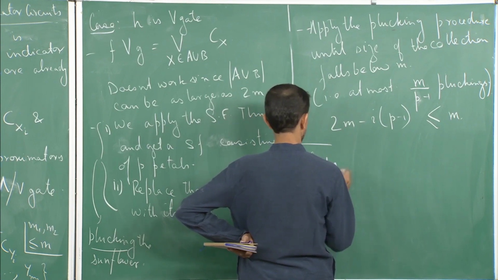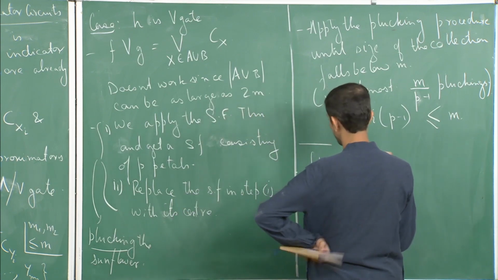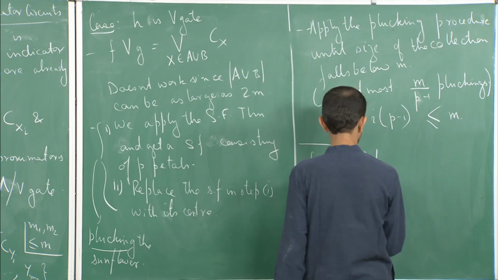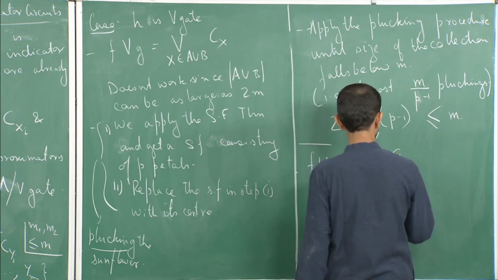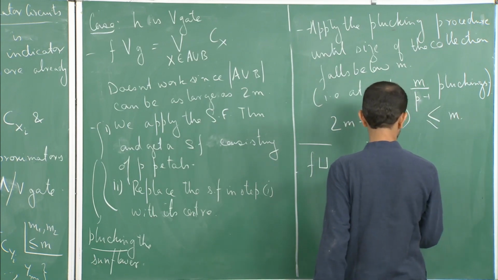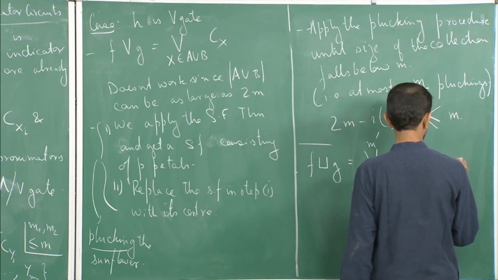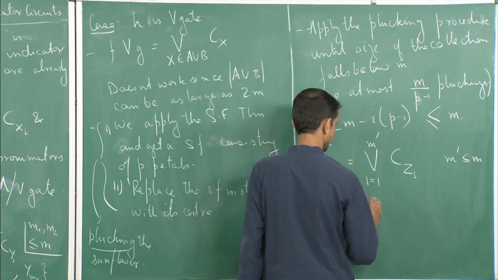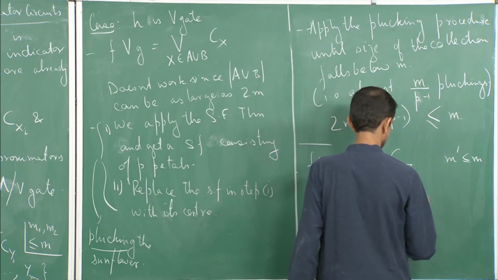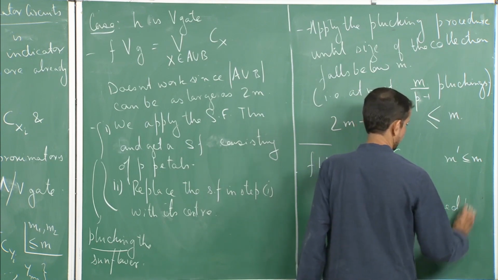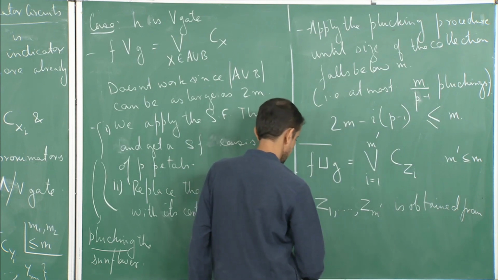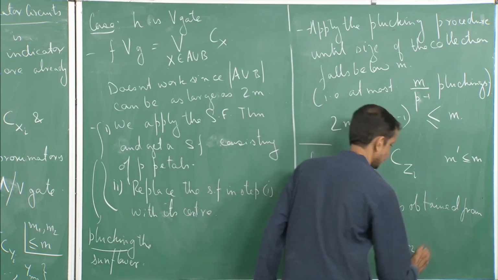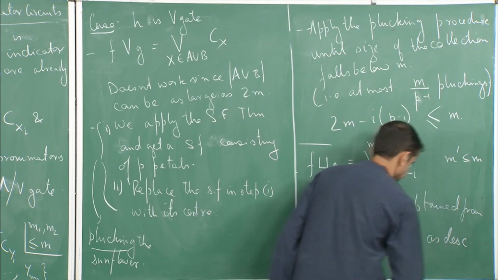So, the approximate OR of f and g is equal to an OR of i going from 1 to some m prime, C of Z_i, where m prime is at most m, and Z1 up to Z m prime is obtained from x1 up to x m1, y1 up to y m2 as described above.